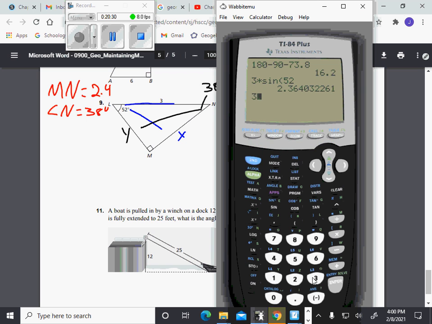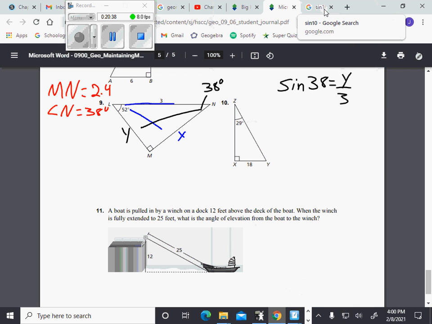So 3 times the sine of 38 is equal to 1.8. So my final answer, LM is equal to 1.8. Good. So we solved each piece of our triangle.